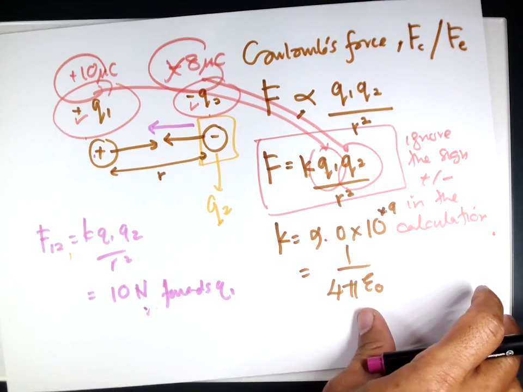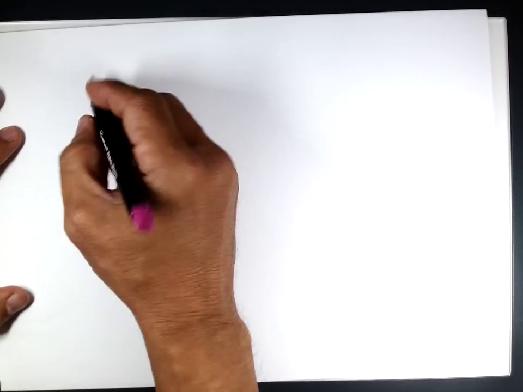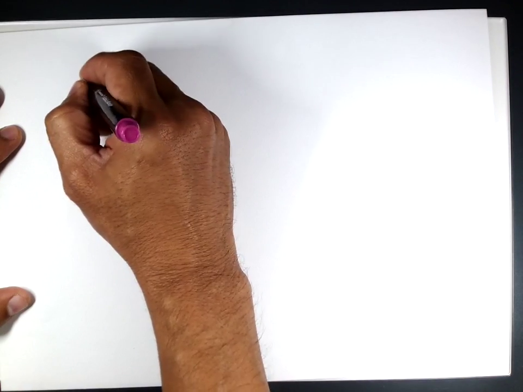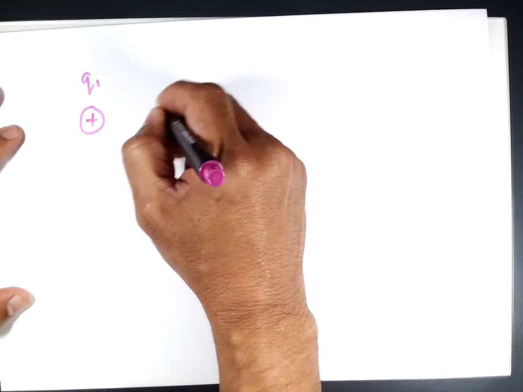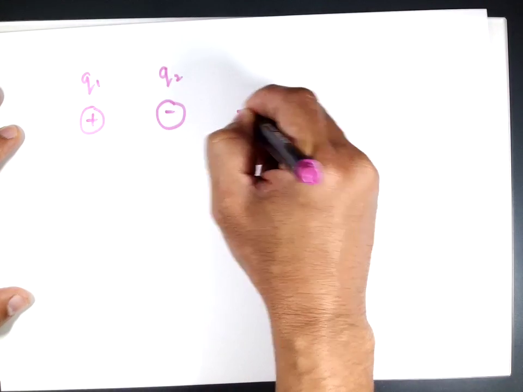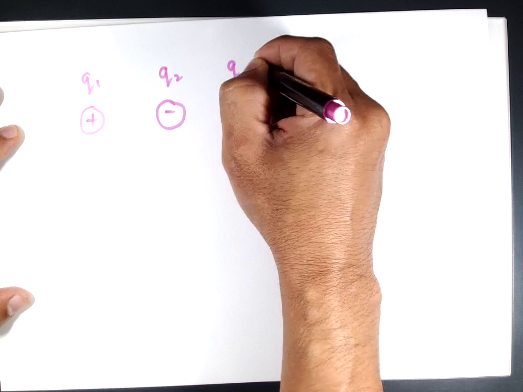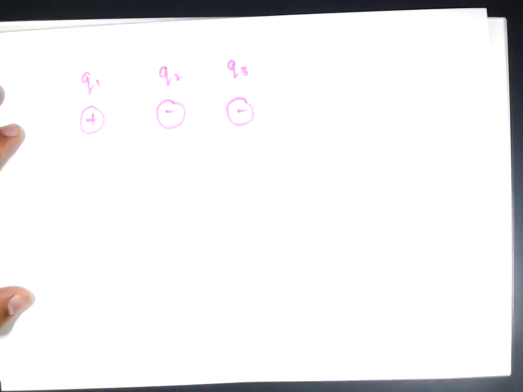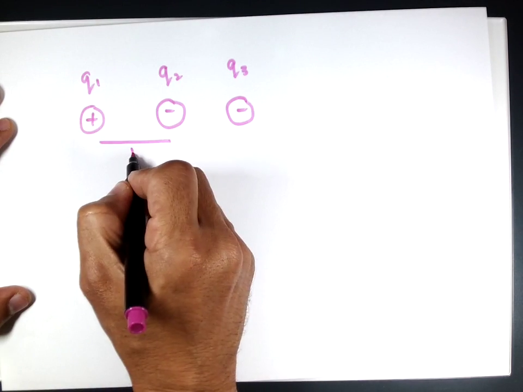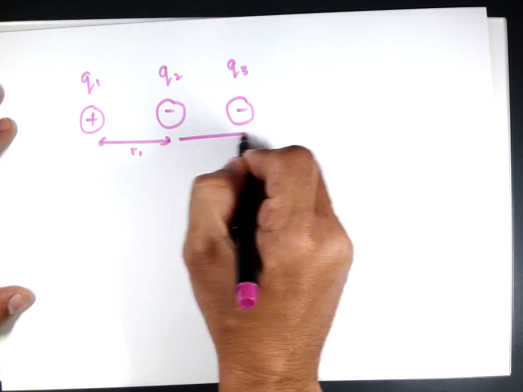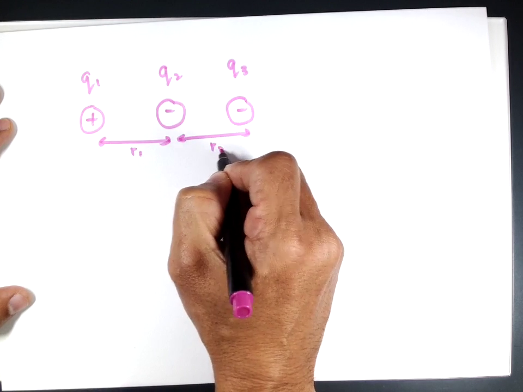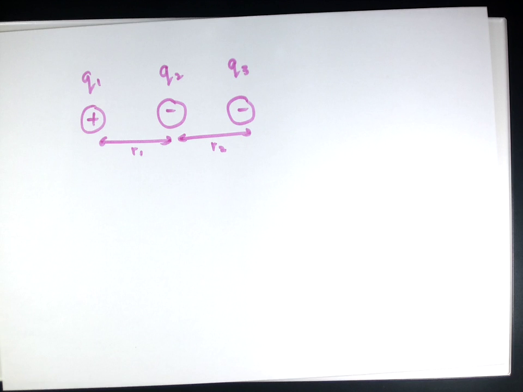Okay, now let's say I have 3 charges in a straight line. I have positive Q1, then negative Q2, then another negative Q3. Let's say this is R1, this is R2. The question now is to calculate the net force on charge Q2.